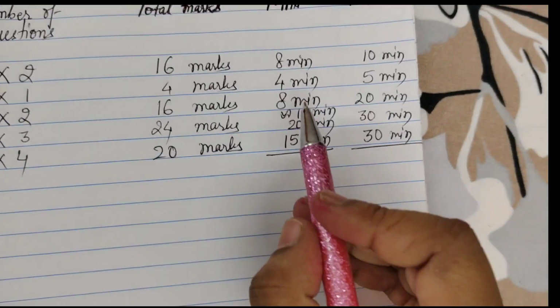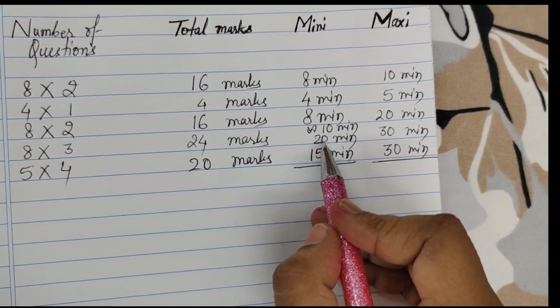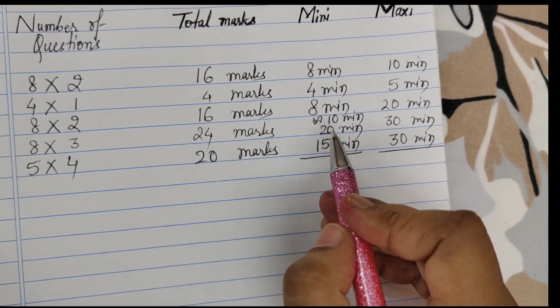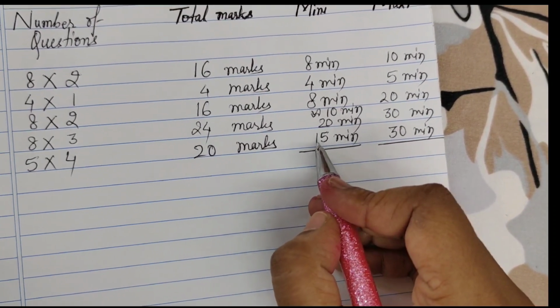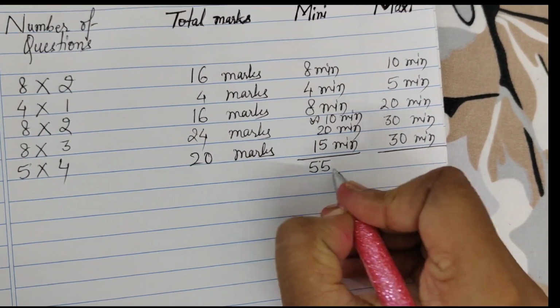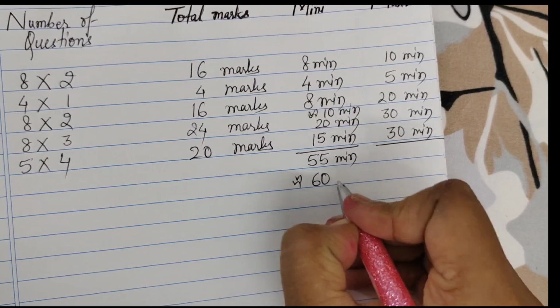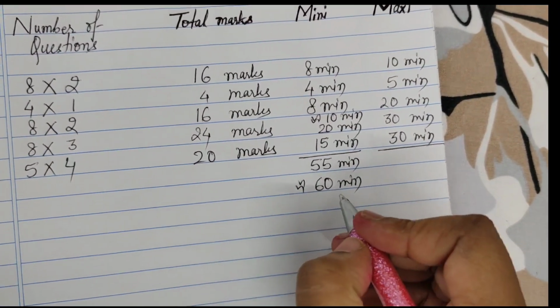So this is 8, 8, 16 for 20, and 20, 20, 40, and 55. So 55 minutes minimum, which you can round up to 60 minutes, that is at maximum within 1 hour.